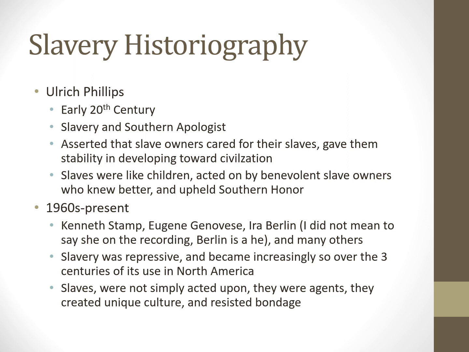That slavery was repressive, and that it became increasingly repressive over the 3 centuries in which slavery was in place in North America. Ira Berlin, in the book Many Thousands Gone, documents slavery going through 3 phases, from an early phase in which slaves had greater skills and more freedom to ultimately a slave system that was far more domineering and repressive than it was when it began.